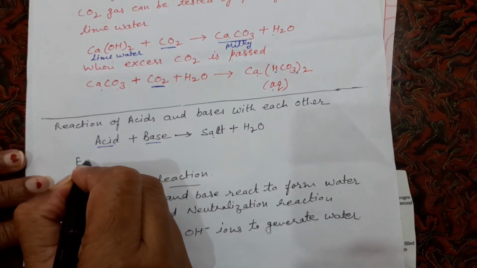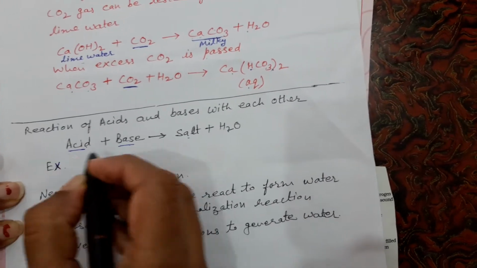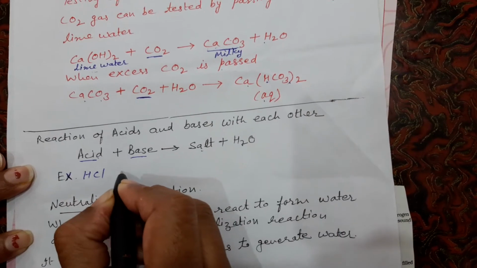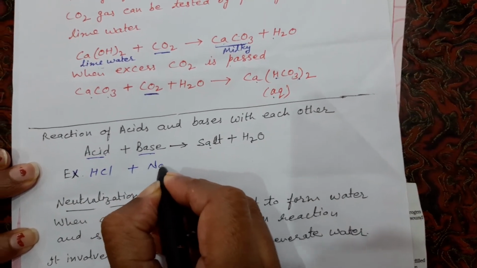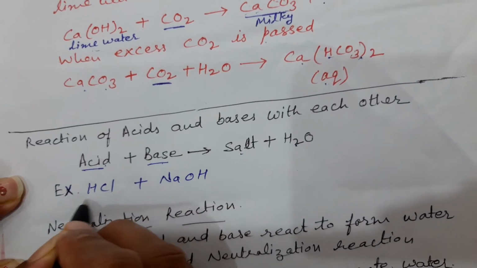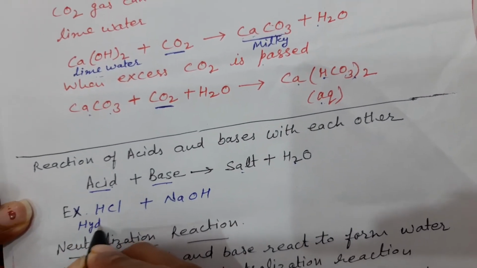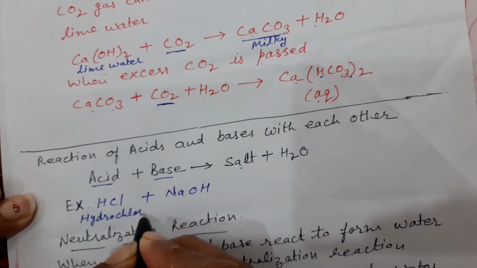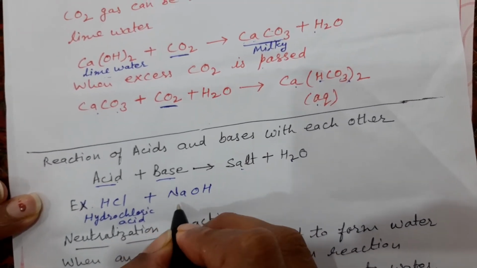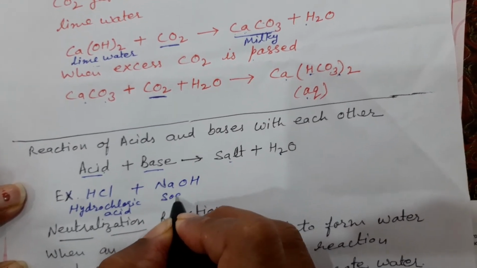We can explain it with an example of an acid, HCl, hydrochloric acid, and a base, sodium hydroxide. I am taking hydrochloric acid, HCl, and sodium hydroxide as a base.